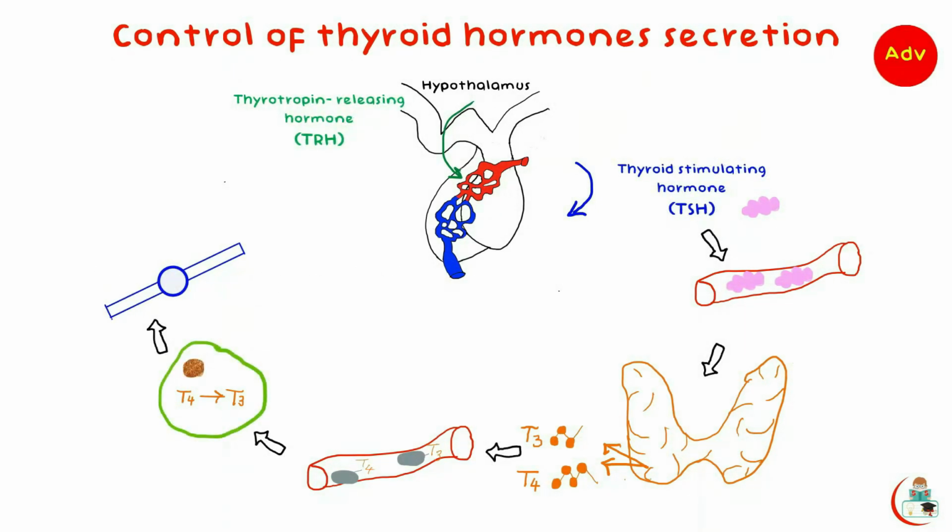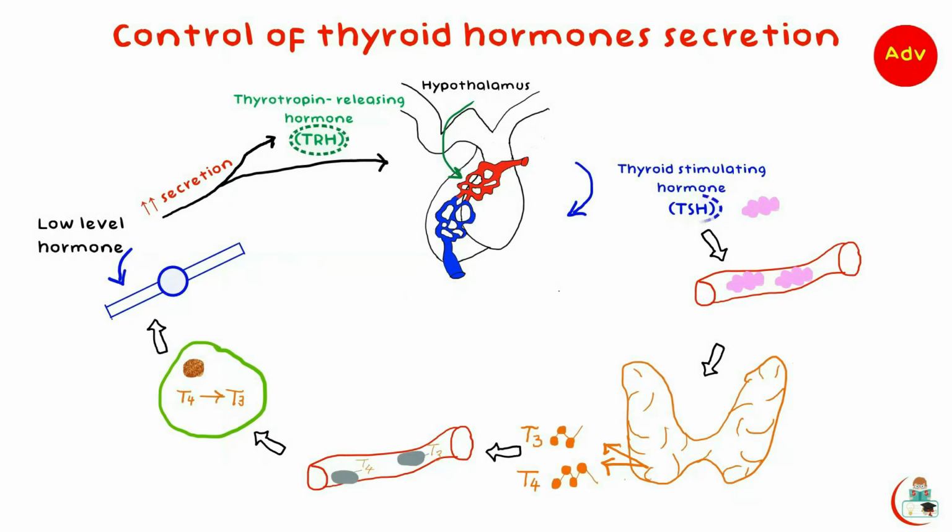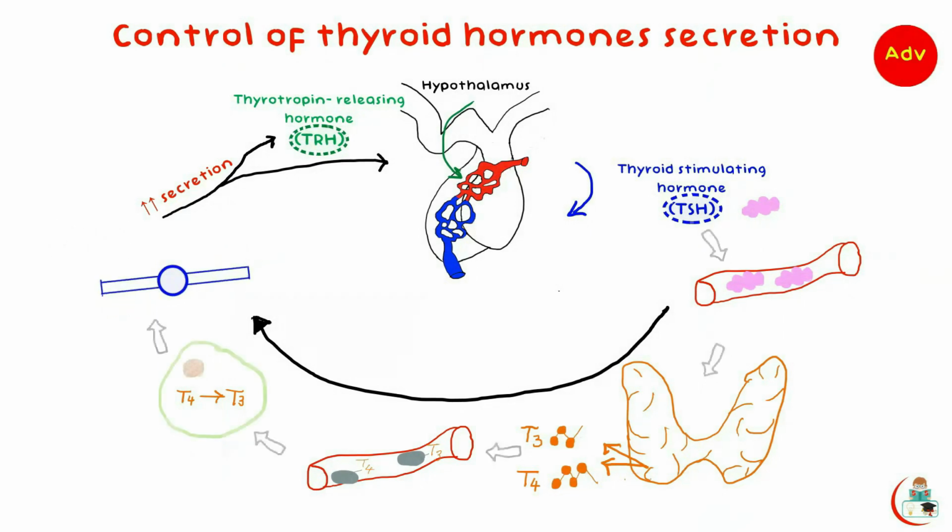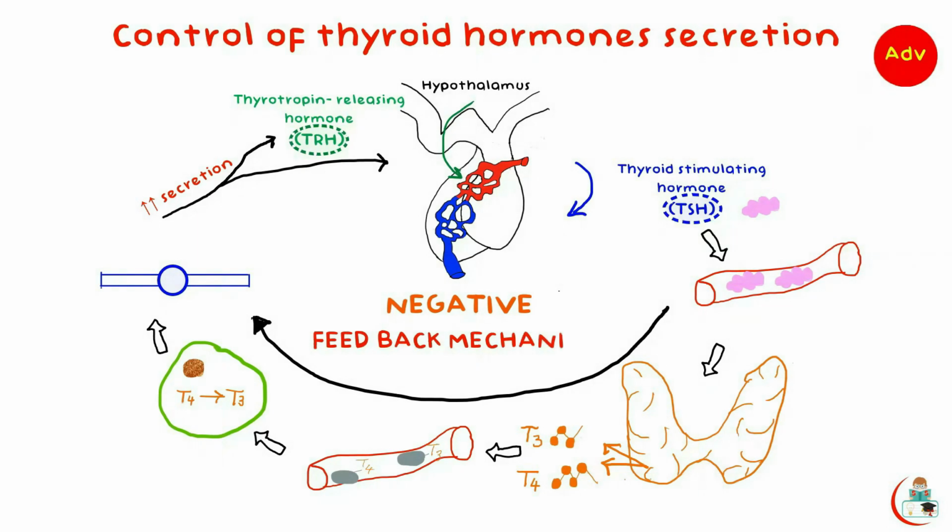With low-level thyroid hormone, a negative feedback mechanism works, where the hypothalamus and the anterior pituitary are stimulated to increase the secretion of TRH and TSH, and then the circle continues till thyroid hormones return to the normal level. This is the negative feedback mechanism.